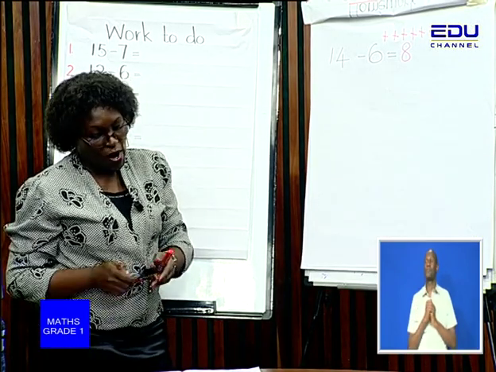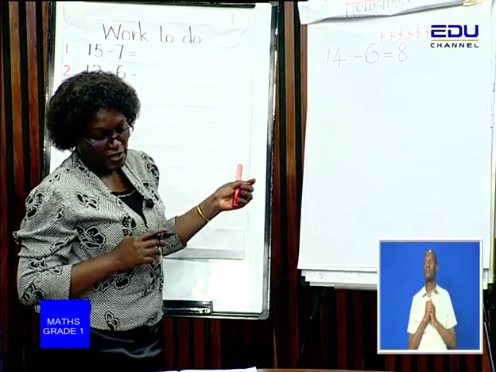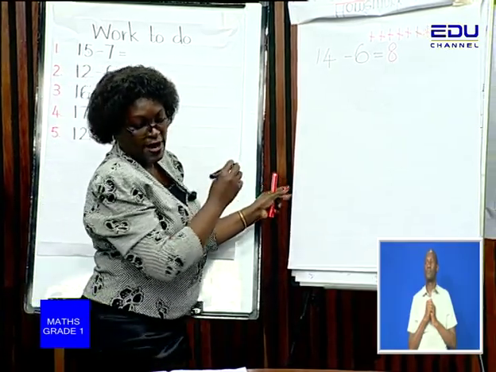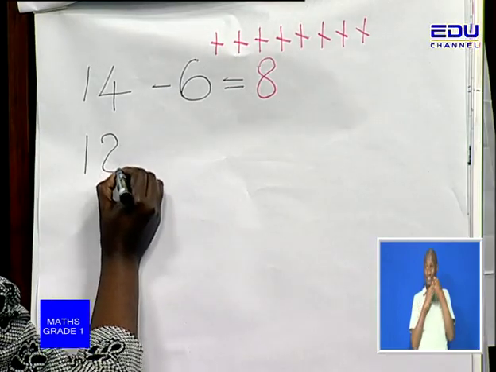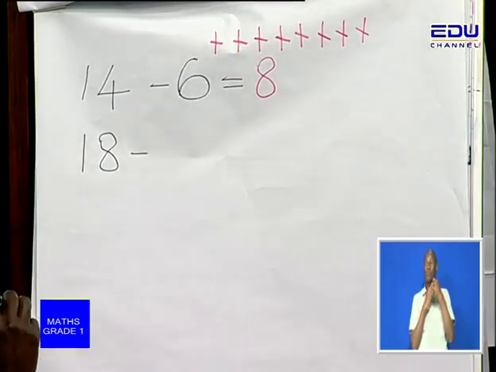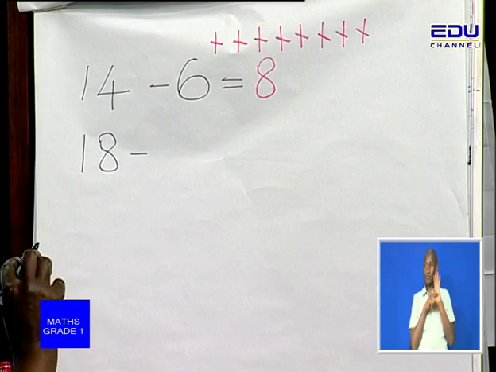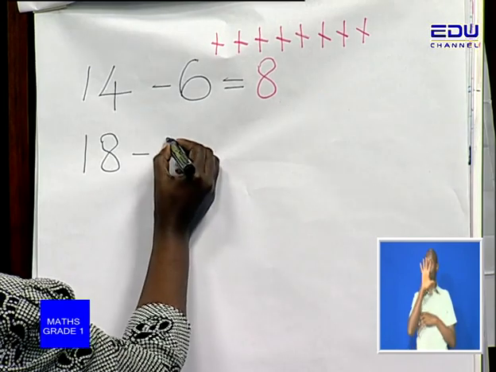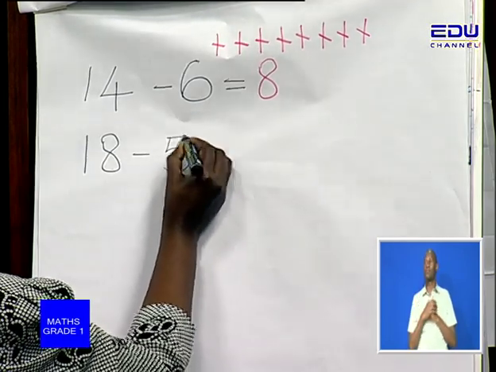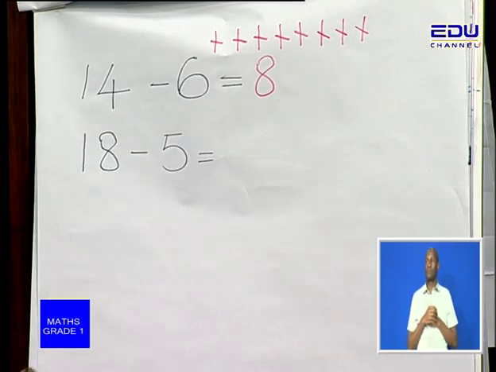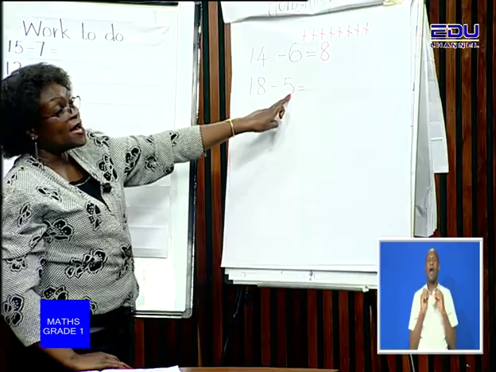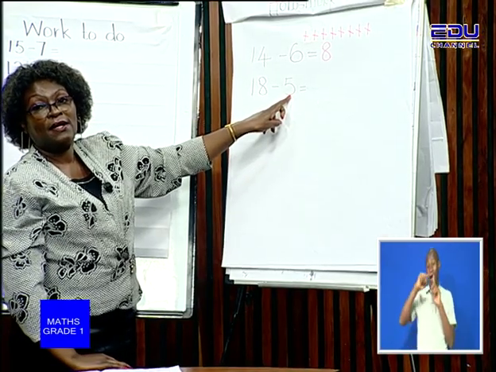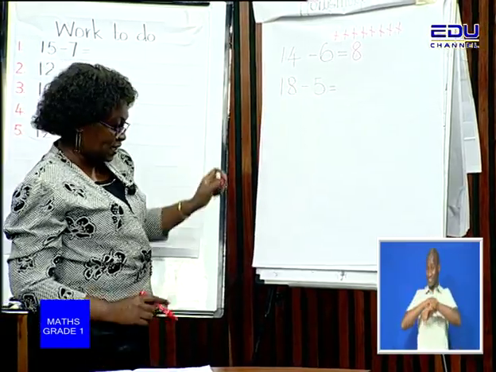Let me do one more example before I give you some work to do. I have 18 take away 5. Lana, I ask myself, how many do I add to 5 to get 18?